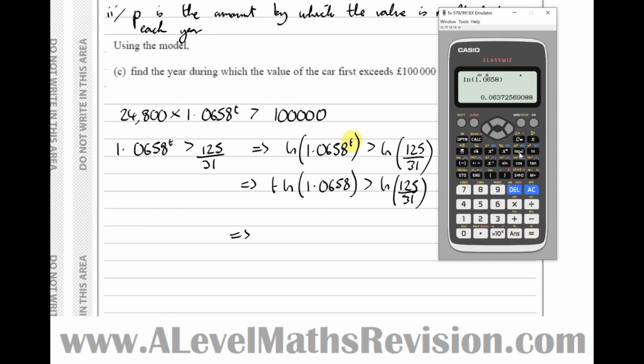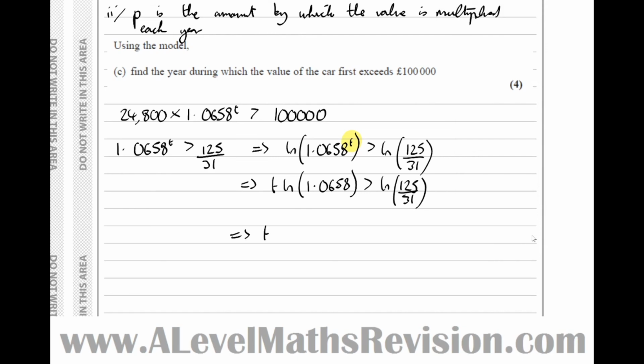Okay, so we've got log of 125/31 divided by our previous answer, which was log of 1.0658, which is 21.88.